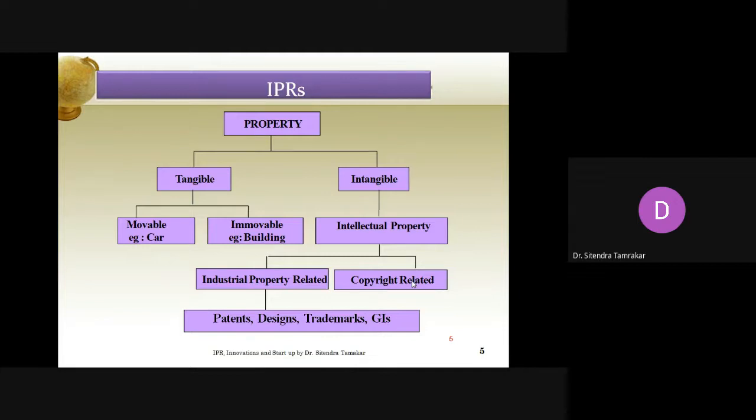And the intangible property is intellectual property, or IP. We will talk about this intangible property. It may come in flavors like industrial property and copyright, and under industrial property there might be patents, designs, trademarks, or GIs. We will concentrate our presentation on these intangible properties, which come under the IPR.